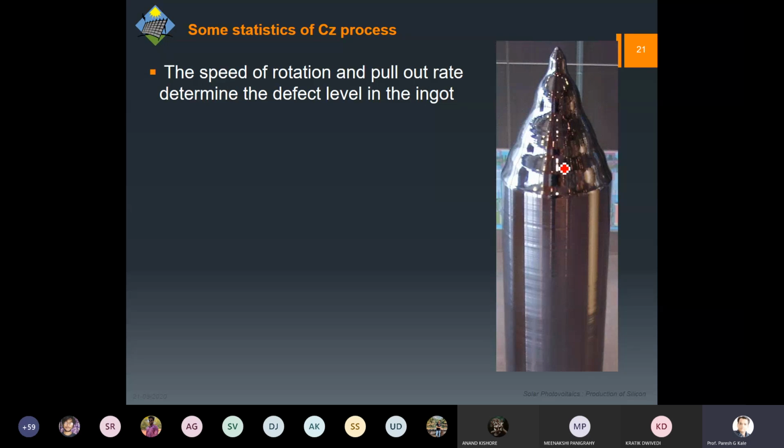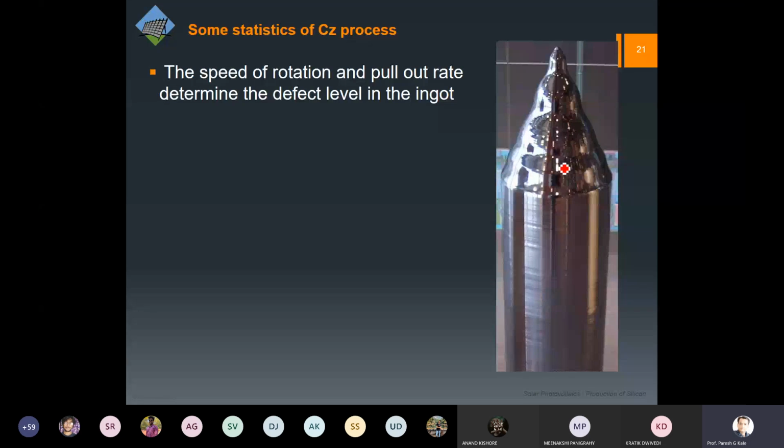If this cost goes high, the solar cell cost is going to go high. But if you have too many defects, even if you decrease the cost of the wafer, you will end up with a poor device with poor efficiency. So ultimately the cost is going to go up.